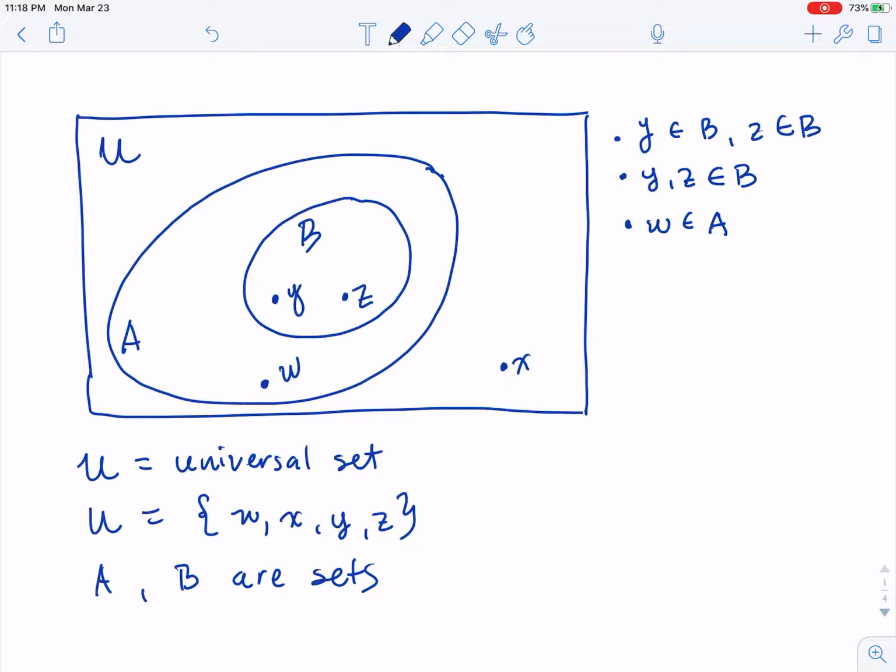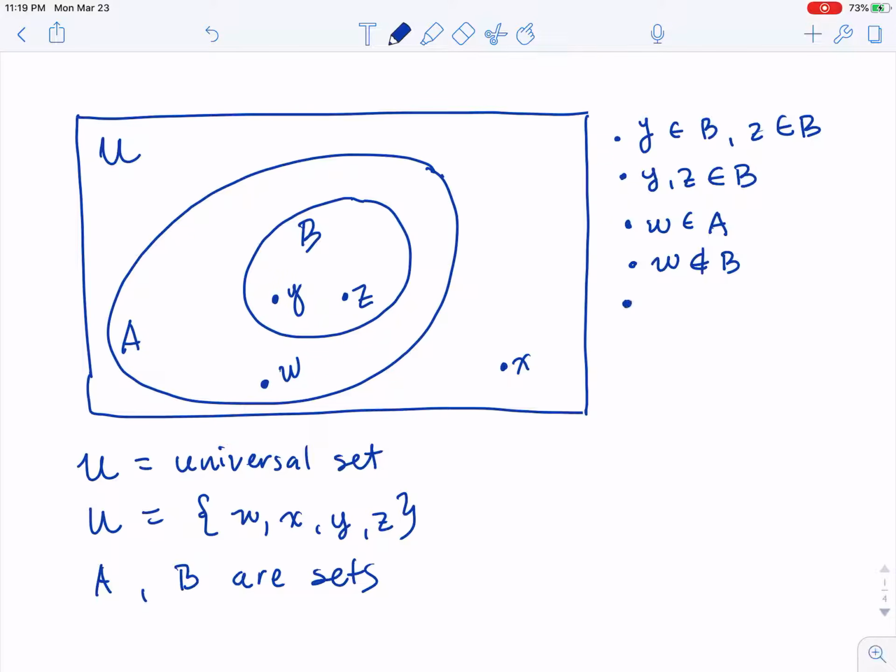So alam din natin that ang W ba ay element ba siya nung B? Hindi, nasa labas siya ng B. So W is not an element of B. Anong napapansin natin sa X, no?